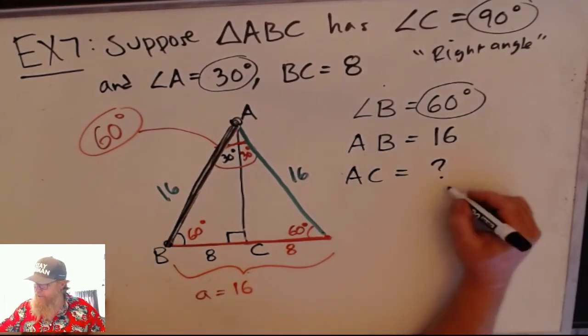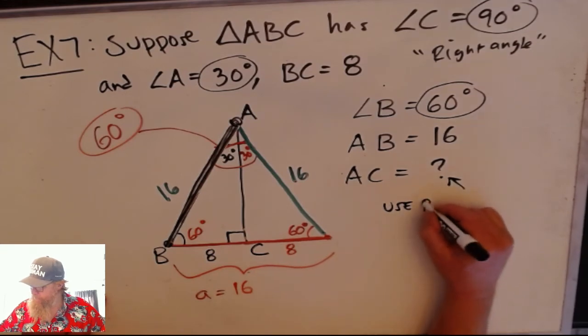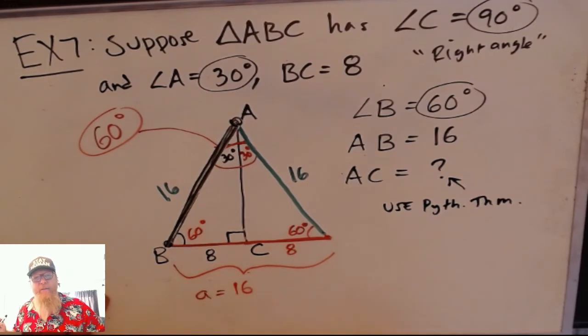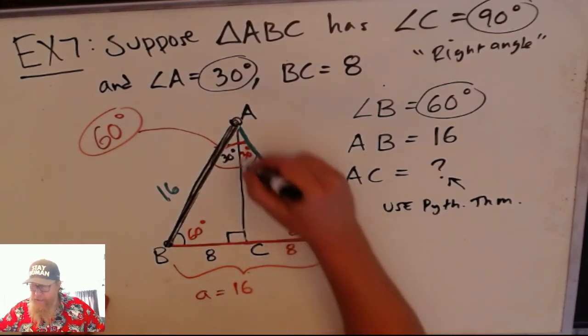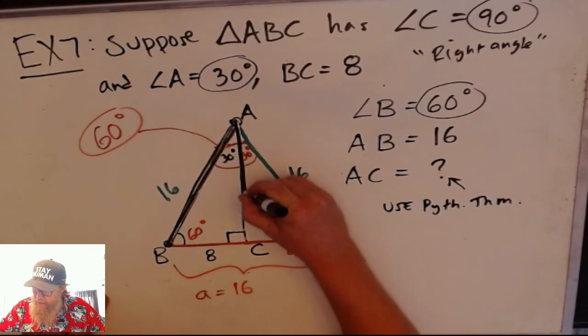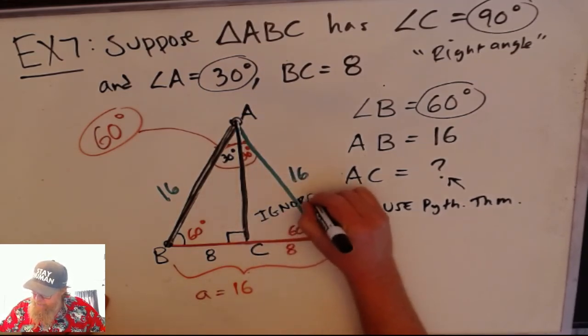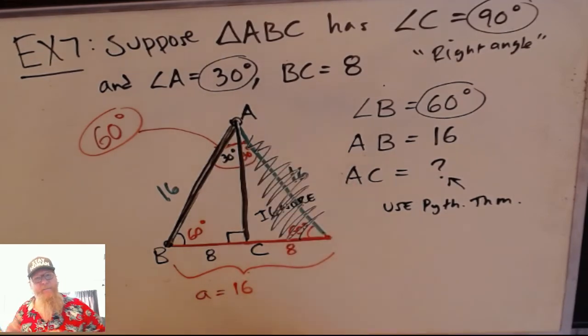So I'm going to use the Pythagorean Theorem. Now this is tricky because I added in this other triangle here. So when I use the Pythagorean Theorem, I want to ignore the extra piece that I didn't use.